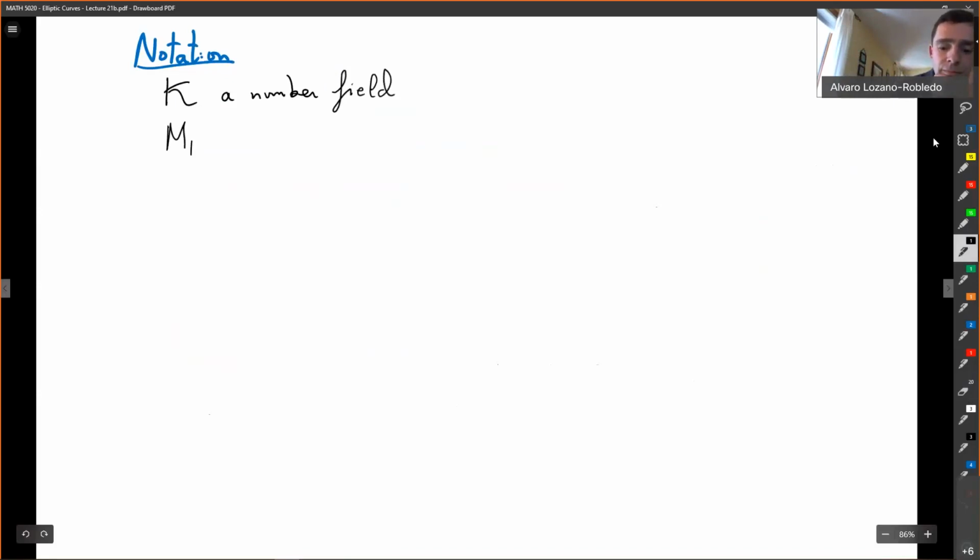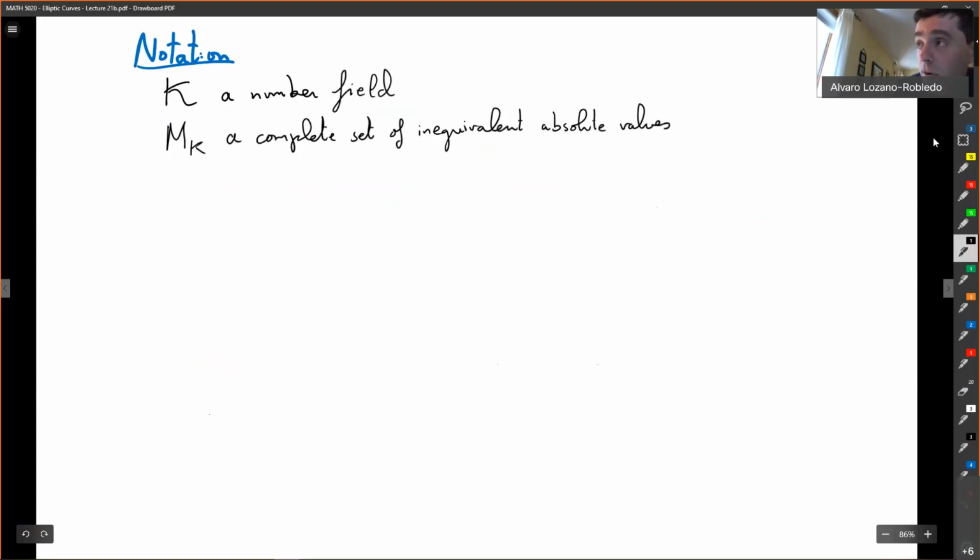M_K is going to be a complete set of inequivalent absolute values on K. So if you know about Ostrowski's theorem, then you know what the absolute values of a number field are.